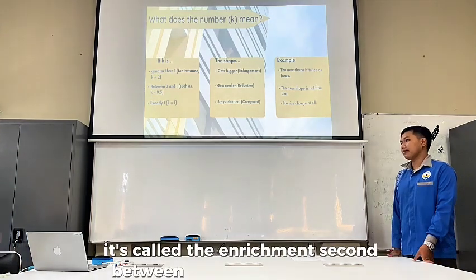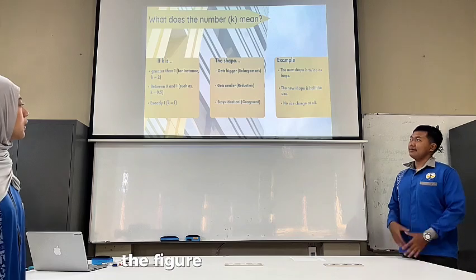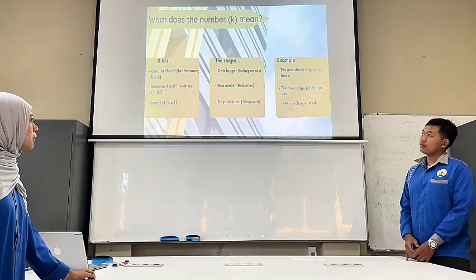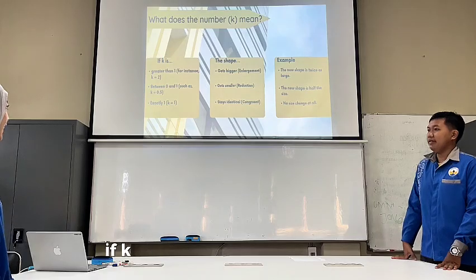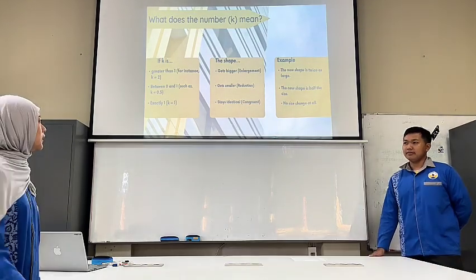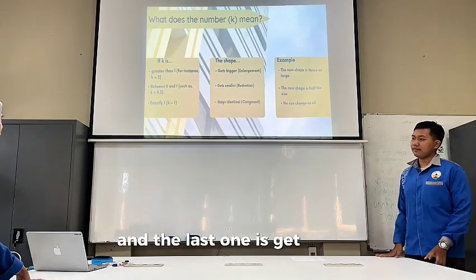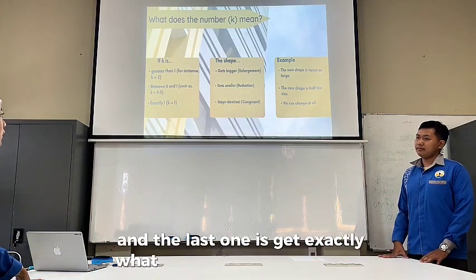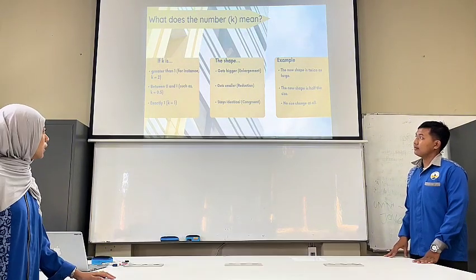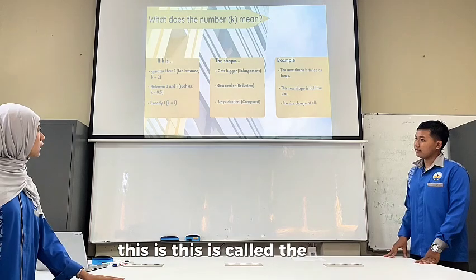Second, if k is between 0 and 1, the figure is smaller. This is called a reduction. And last, if k is exactly 1, the figures are the same. This is called congruent.